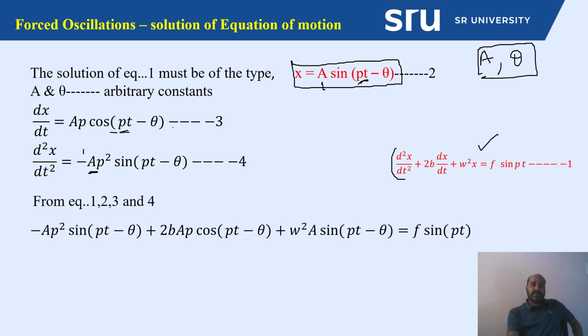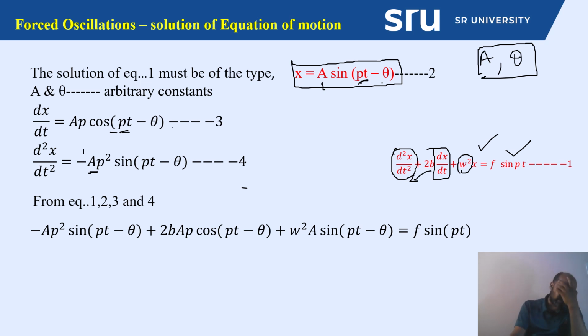This d2x by dt square, as we calculated from equation 4, minus a p square sine of pt minus theta, plus the 2b written as it is, but instead of dx by dt, see this equation 3, ap cos of pt minus theta, plus omega square taken as it is, but instead of x, equation 2. So omega square a sine of pt minus theta is equal to what? The right side of the equation, f sine pt.